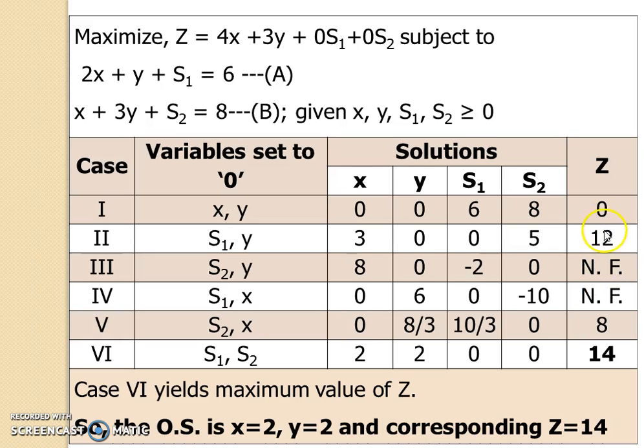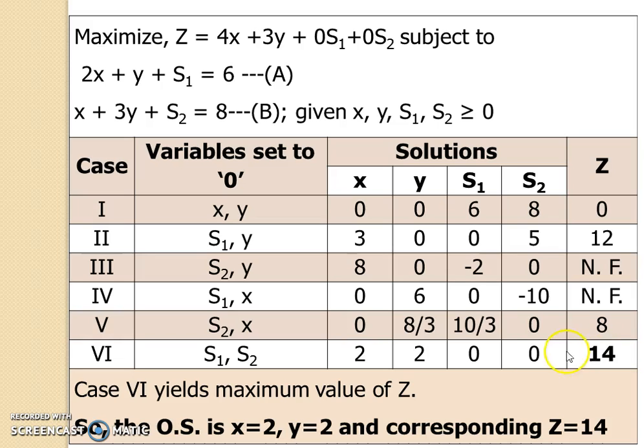Then only 4 cases are left, and if we compare the value of z for these 4 cases, then we will conclude that in the last case, that is in the 6th case, we are getting maximum value of z.